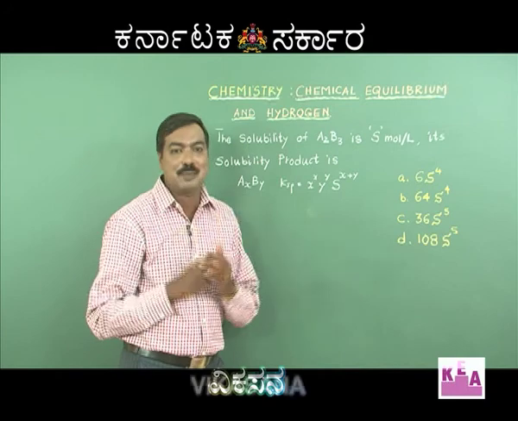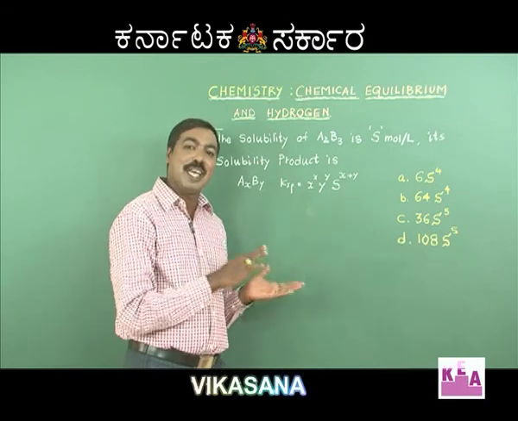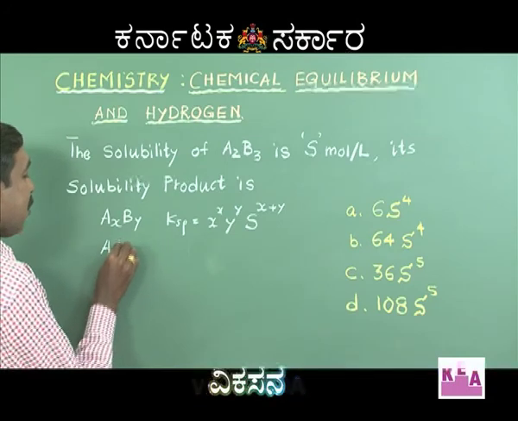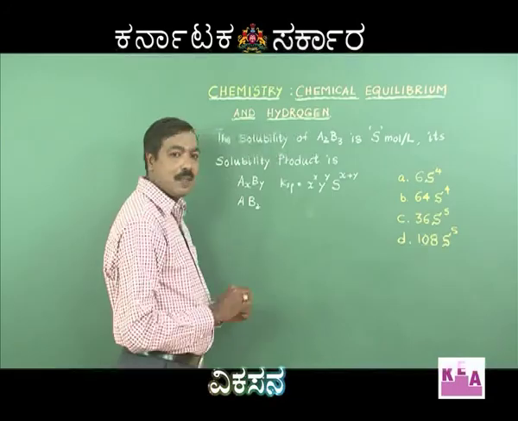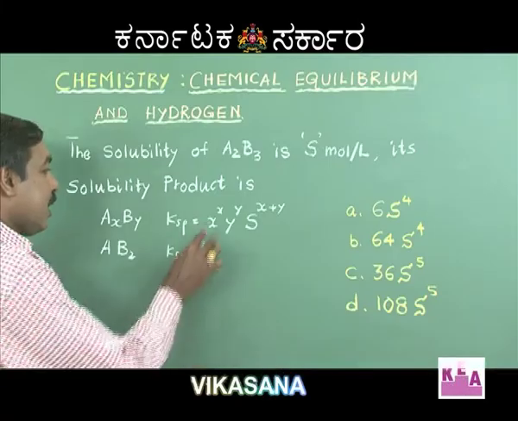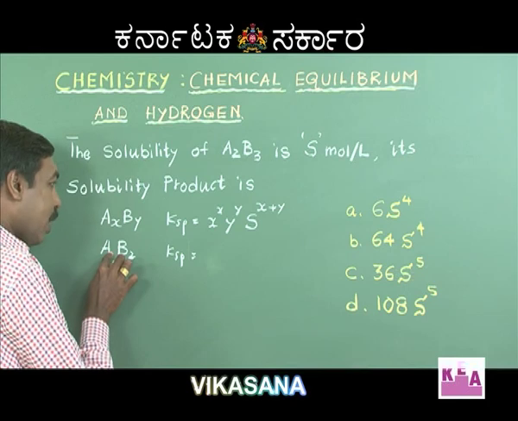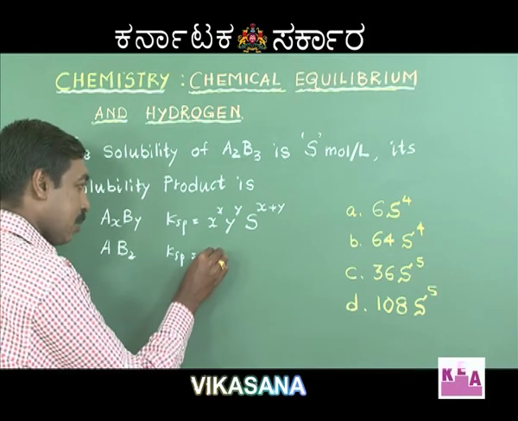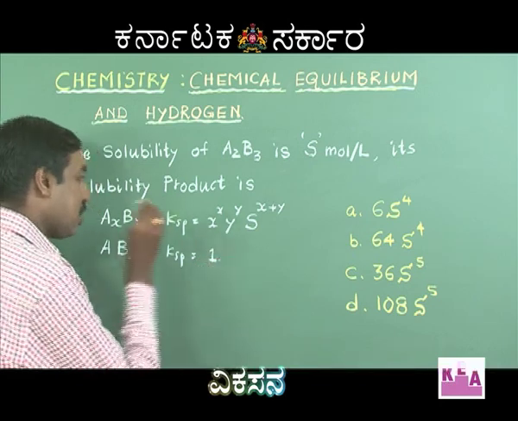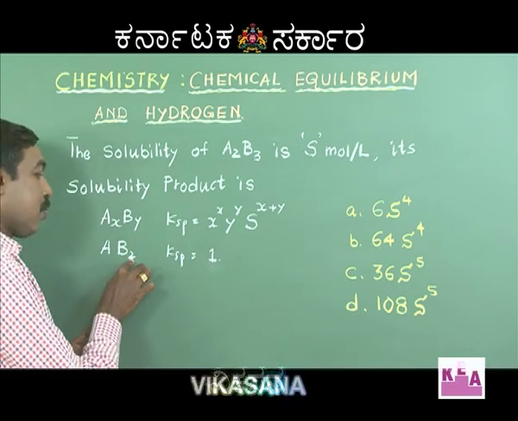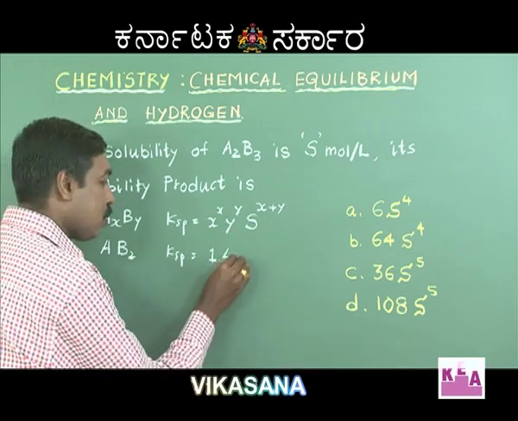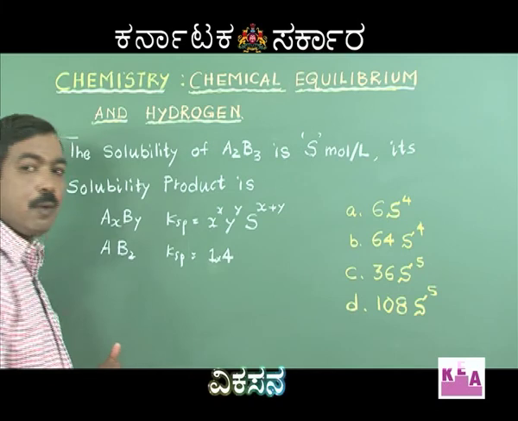Remember this simple concept. Now let's try it for various options and come back to my question. I have AB2. Therefore, my KSP in this regard would be 1 to the power of 1, that is nothing but 1, I don't need to write it. Then 2 to the power of 2, which happens to be 4, so 1 into 4.